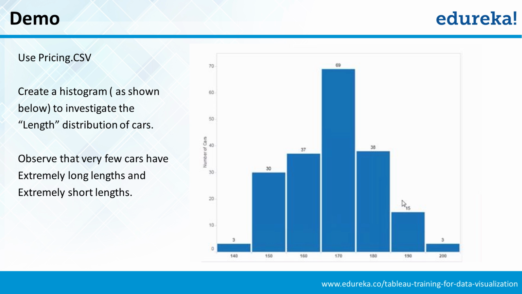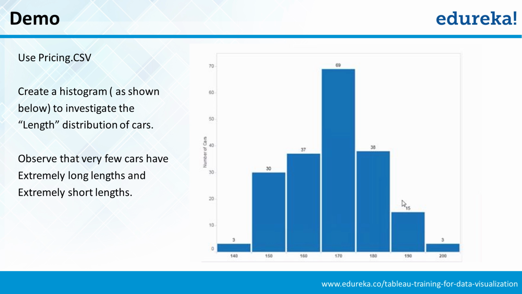So with that knowledge, let's try to create a histogram on the same data. Let's say we are a car distributor, we are selling cars, and we have all these different cars, and we want to understand the length distribution of cars. In general, do we have extremely long and extremely short cars, or do we have cars somewhere in between?